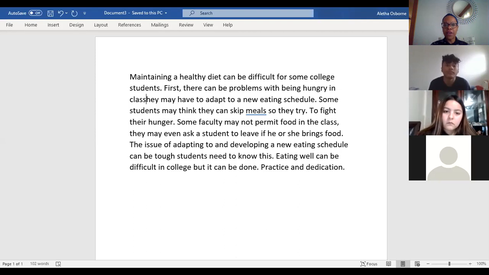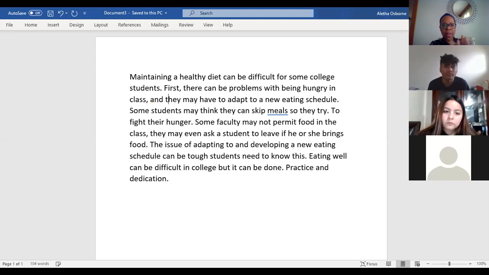So let's say: first there can be problems with being hungry in class, comma, and they may have to adapt to a new eating schedule. Okay, so we could do it that way as well. But whether you choose the period, the semicolon, or the comma and conjunction, we just corrected that run-on error. Okay, so good. We fixed that one.